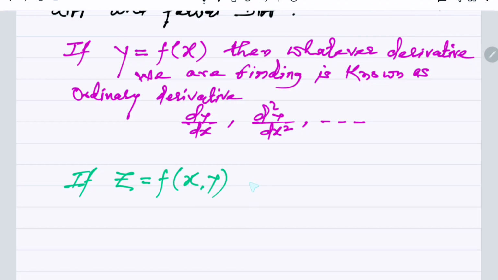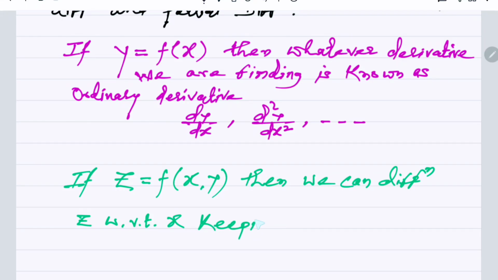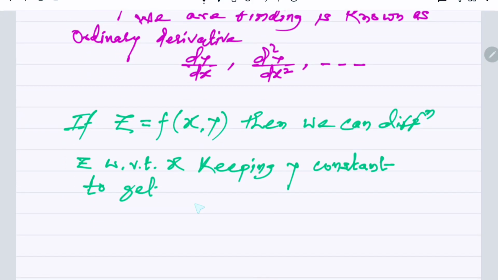X and y are two independent variables, then we can differentiate z with respect to x, keeping y constant, which is called as partial derivative of z with respect to x, and it is denoted by the symbol dou z by dou x, keeping y constant, or simply we can write it as dou z by dou x, or we can differentiate z with respect to y, keeping x constant, to get partial derivative of z with respect to y.